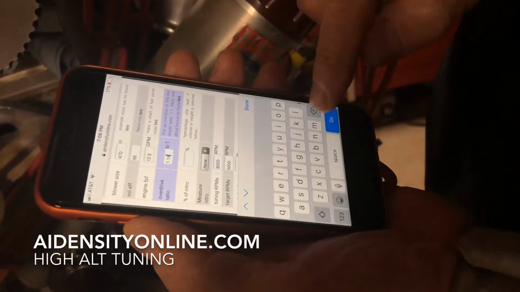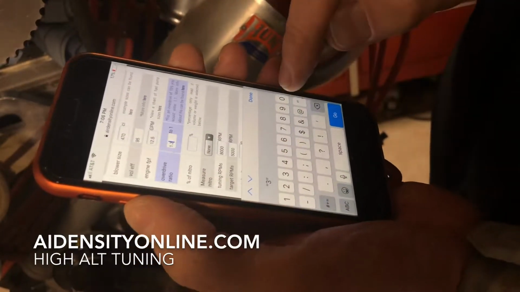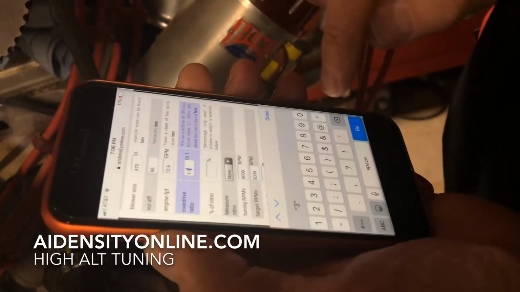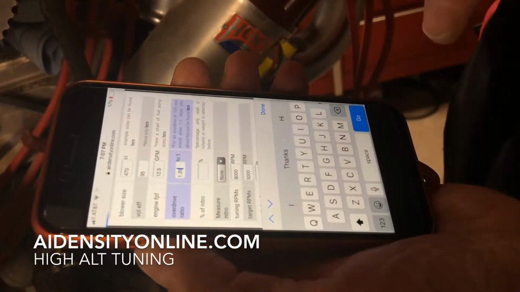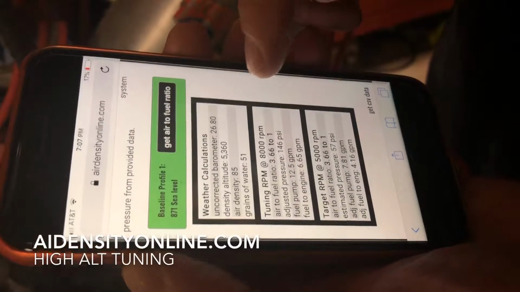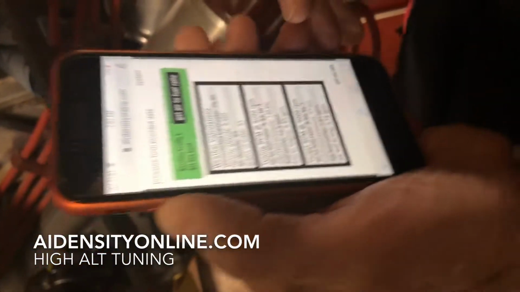I'm just going to try 20% over. And that takes me to 3.66 air-to-fuel ratio, so it's still rich.